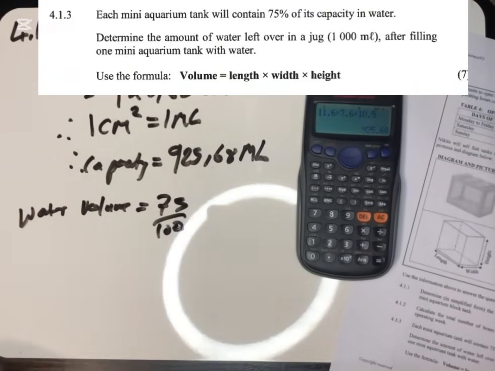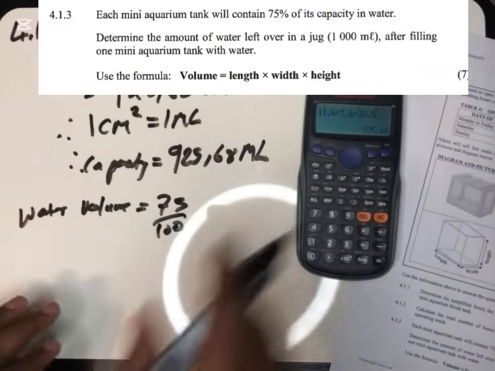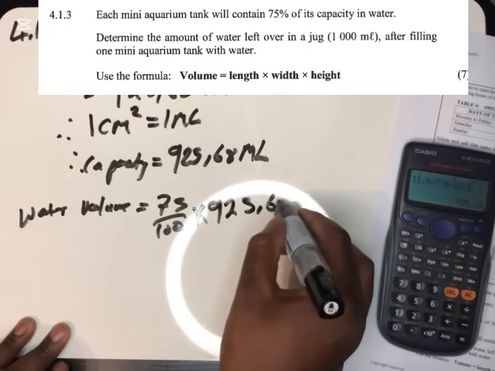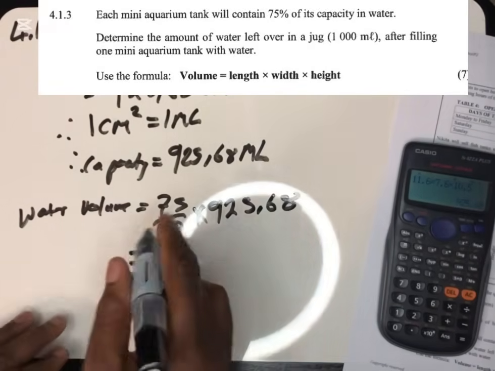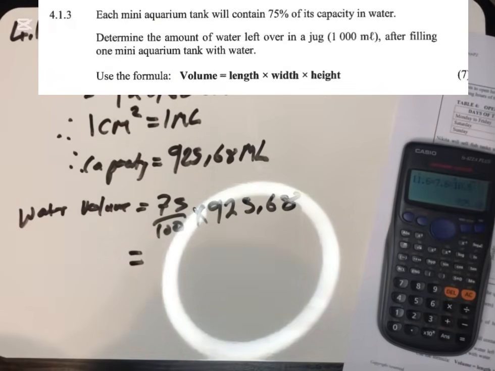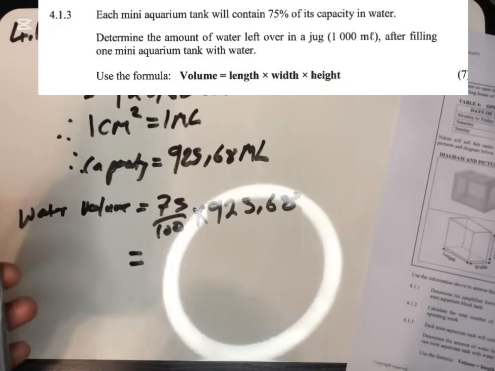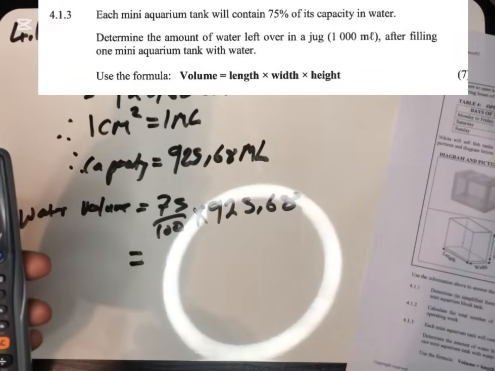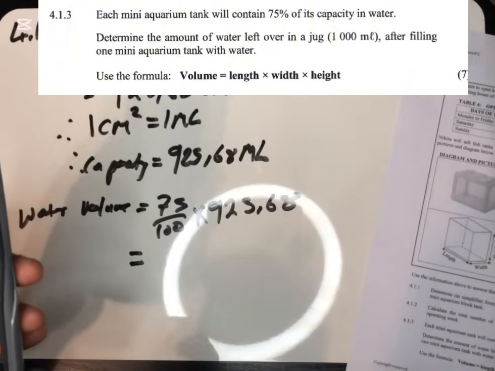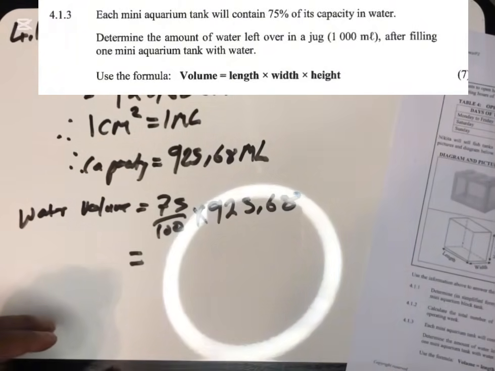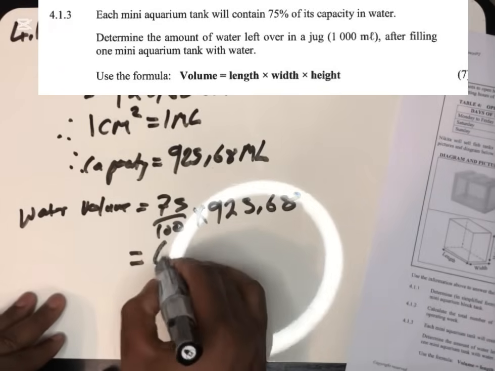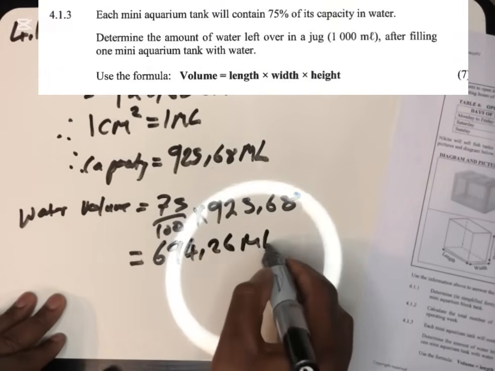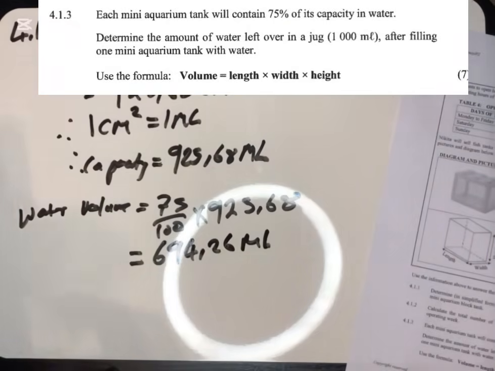So because it's 75%, we are going to say 75 over 100 multiplied by 925.68. We find this is 694.26 milliliters.